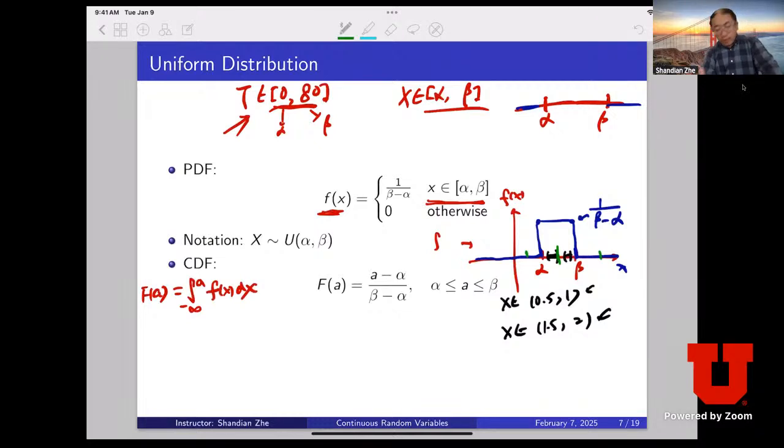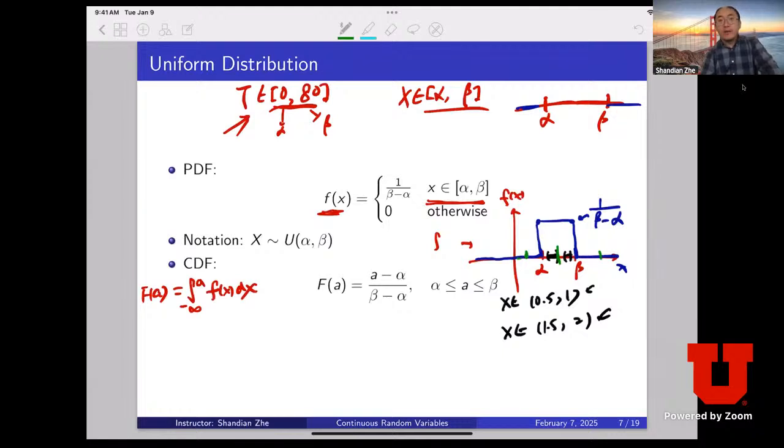Because in the three cases, the value of your density function is different. If your a is less than alpha, according to our definition, the probability density function will be 0.